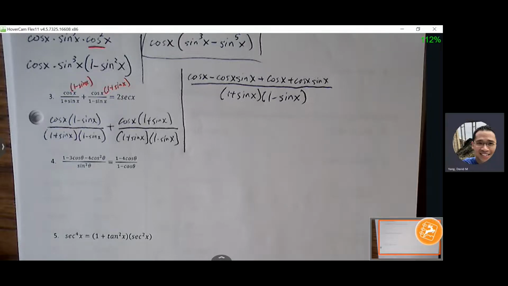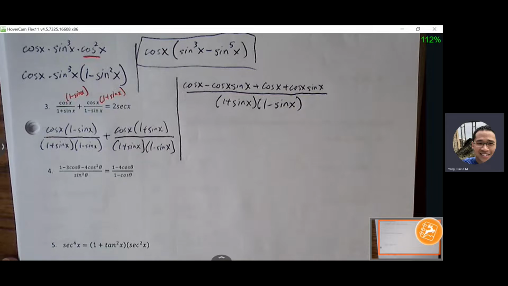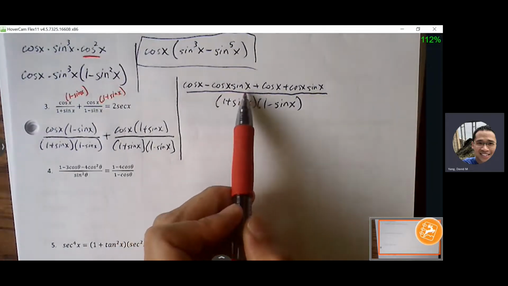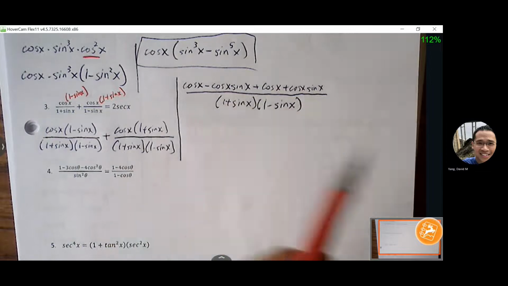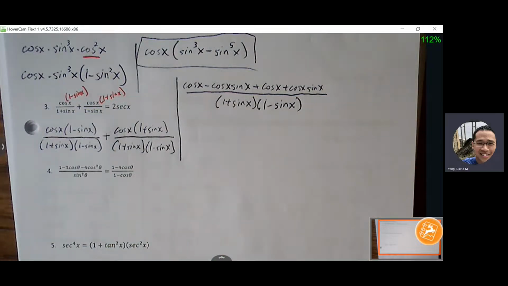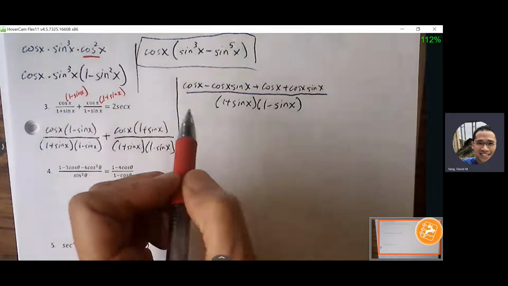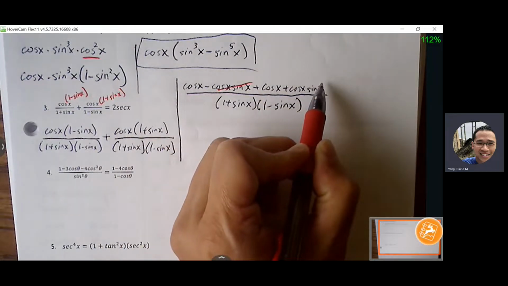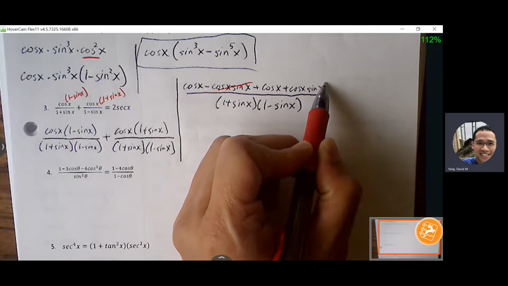Okay. Any cleanup that we can do here? What do you guys see? Numerator. Not yet.